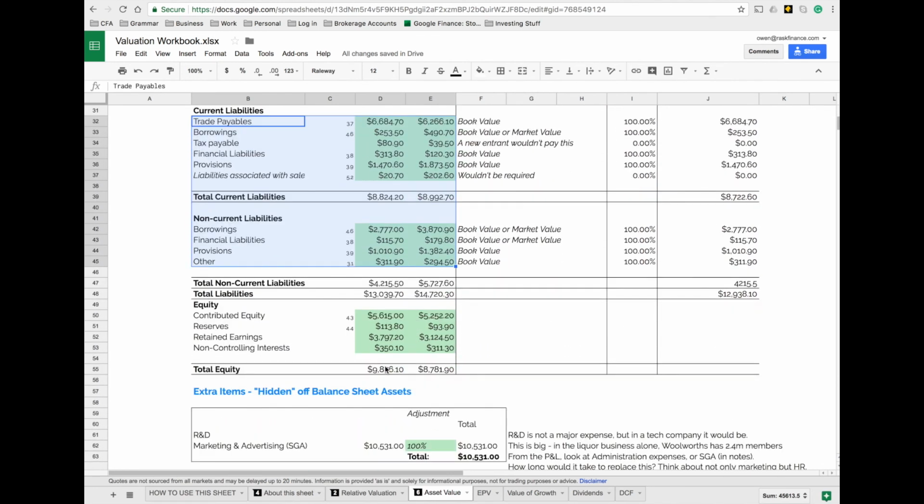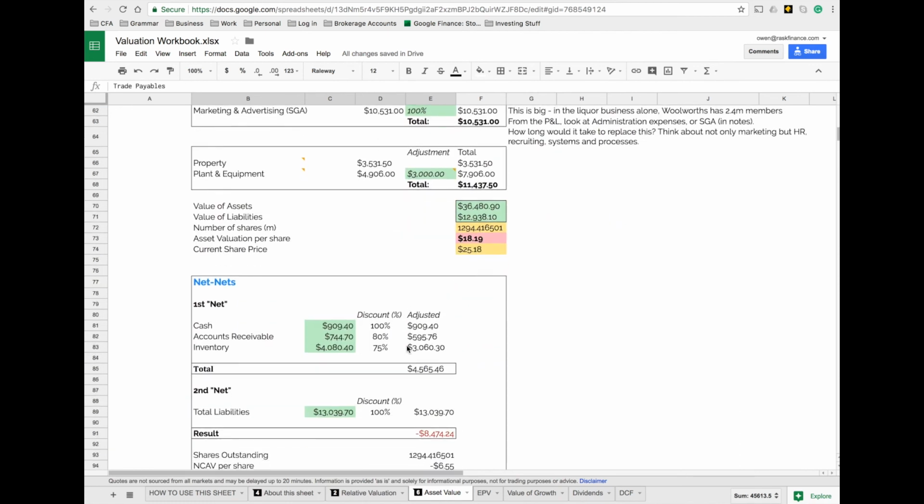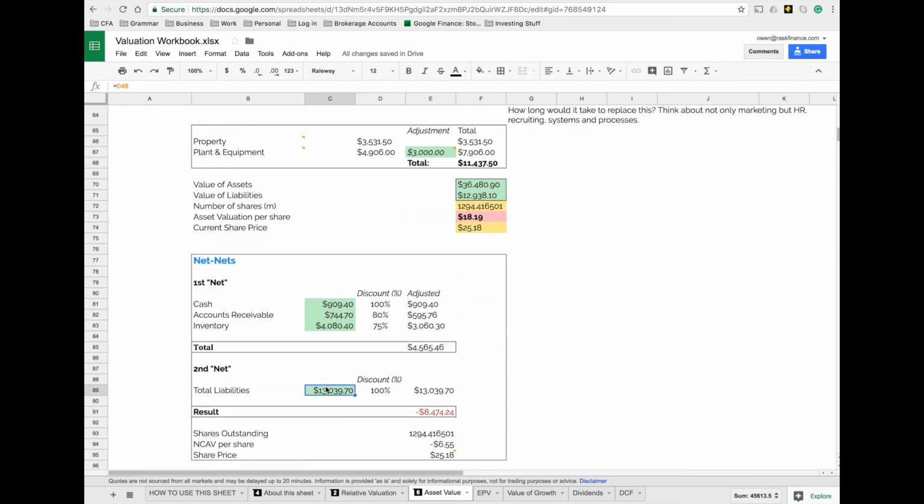So he says down here, we can see that the total liabilities are $13 billion, and we're taking 100% of them. There's no reason for us to doubt them, which is $13 billion. So then we've got total assets in the business, current assets, minus total liabilities, and that's our result. So there's a negative value there.